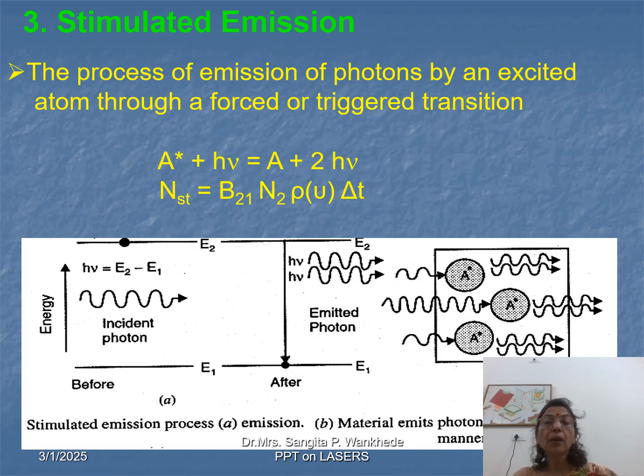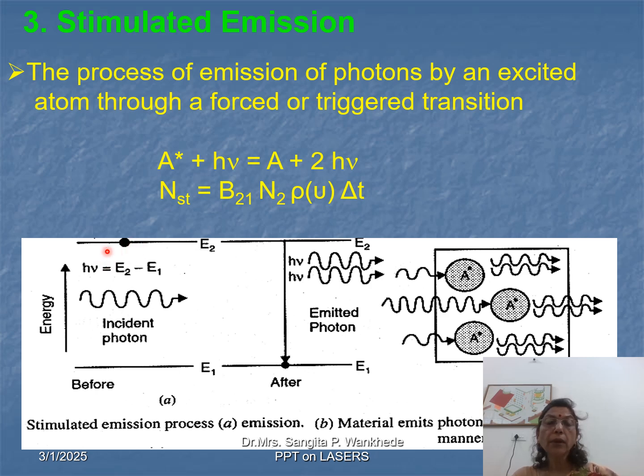Now stimulated emission. In stimulated emission, if you don't want to wait for spontaneous emission, and whenever we want to bring down the atom, an external photon is interacted with the atoms in the excited state.